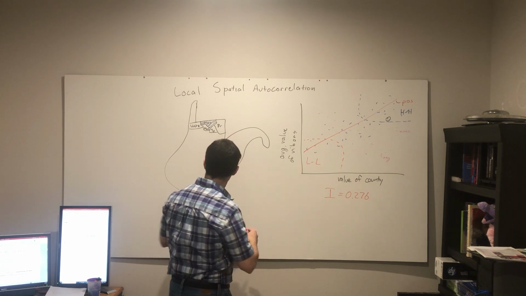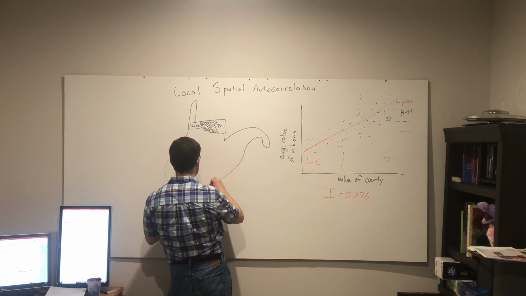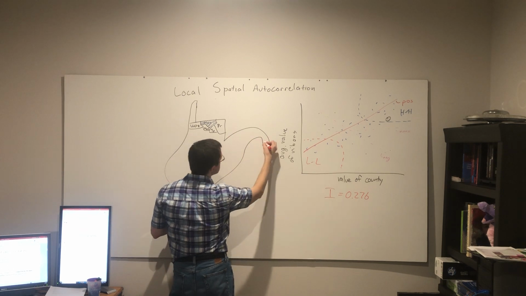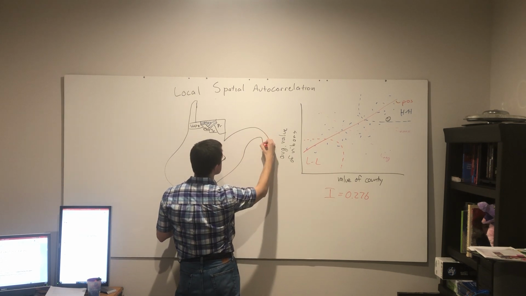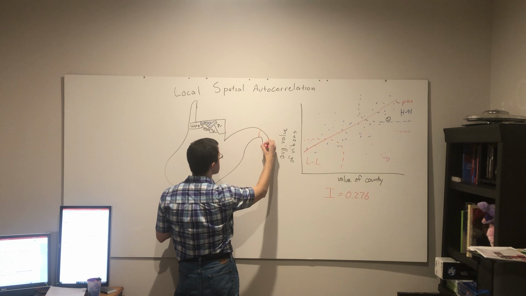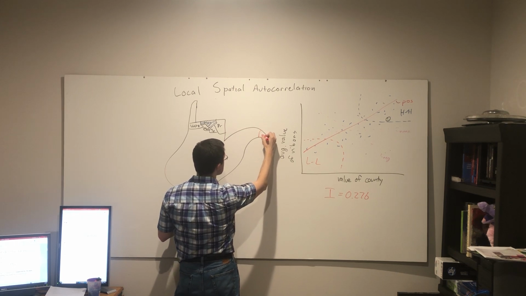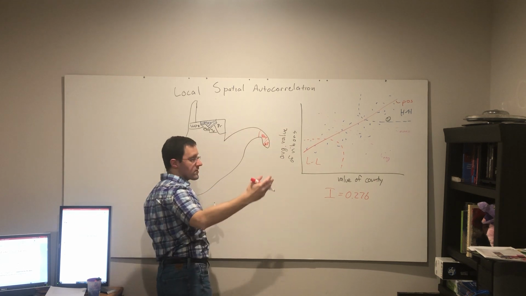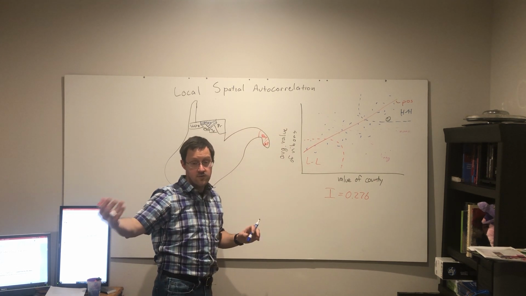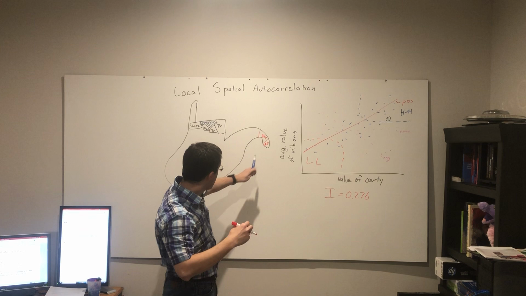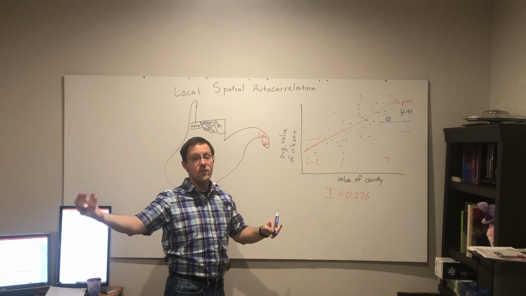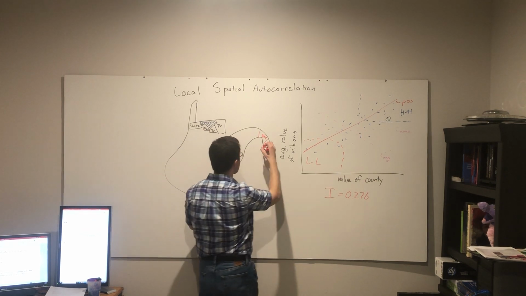So there might be, let's say for the sake of argument at least, I don't know the exact status here, maybe Jefferson County is low and Berkeley County is low.